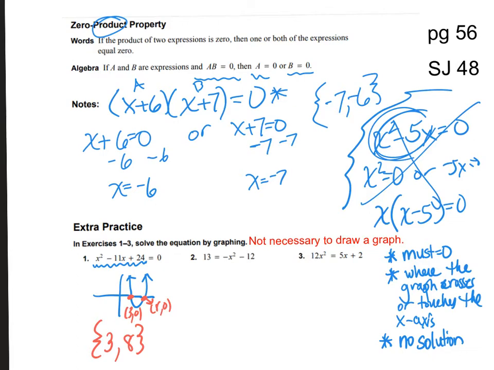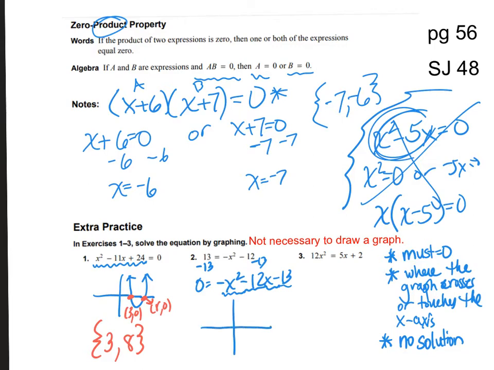For number 2, I'm going to move 13 to the other side to make it equal 0. I'm going to type negative x squared minus 12x minus 13 into the Desmos box there at the top left. When you do that, you don't see anything until you start to zoom out so you can see the entire graph.